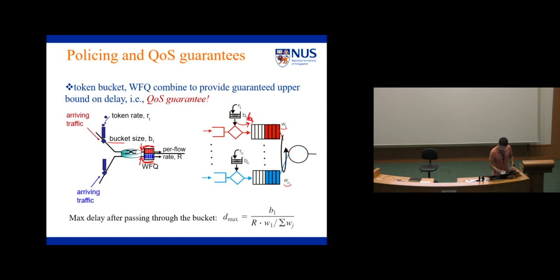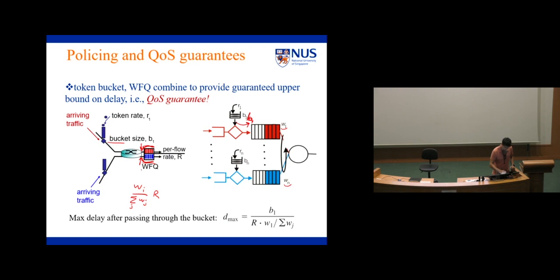So what was my rate in the weighted fair queue for a class? Well, it was W1 over the sum of all the weights times R, correct? And I need to serve B1 packets at this rate.